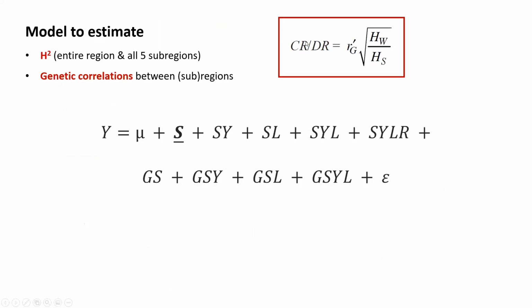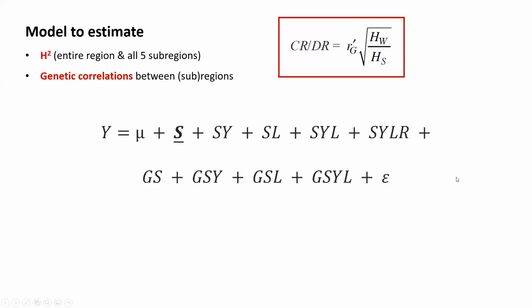We basically use the breeder's equation to predict correlated response, to predict direct response. And because a couple of terms cancel out, this is everything that remains, and we only need the genetic correlations between those subregions and the heritability of the whole, or within the entire region, and the heritability within the subregion we're looking at, based on the amount of testing resources we got.